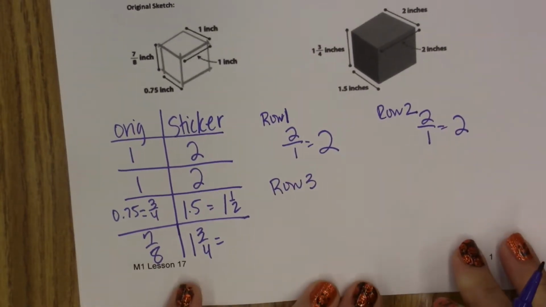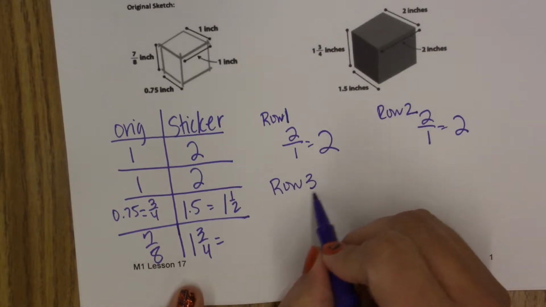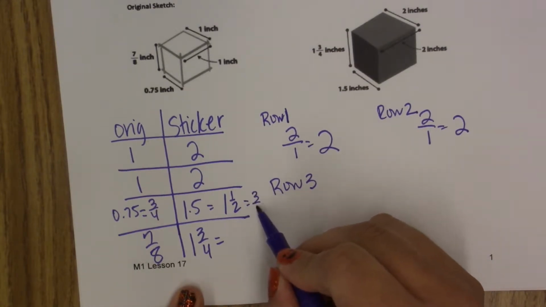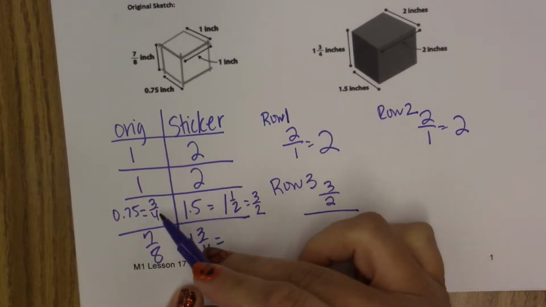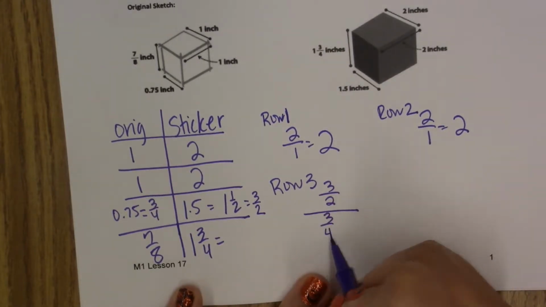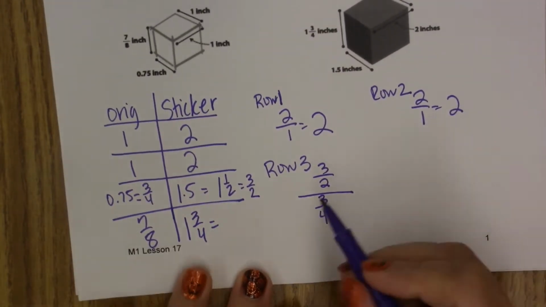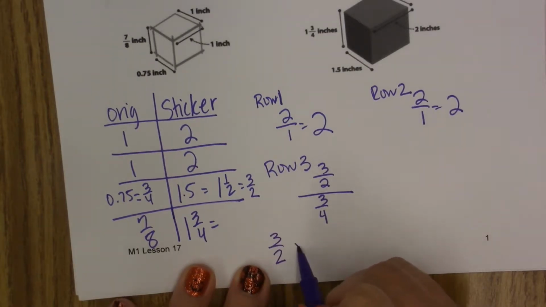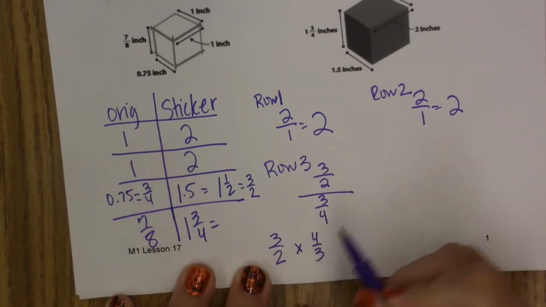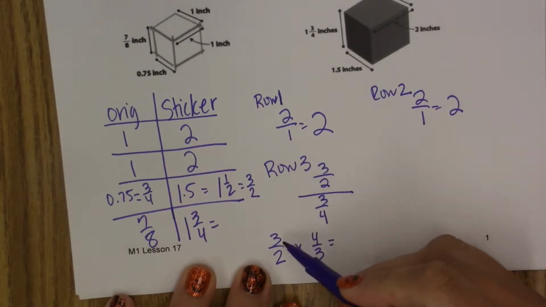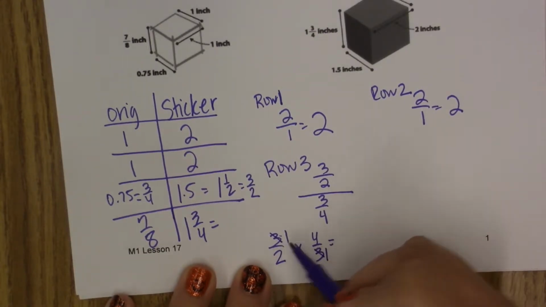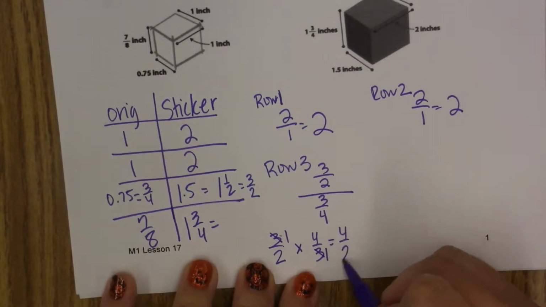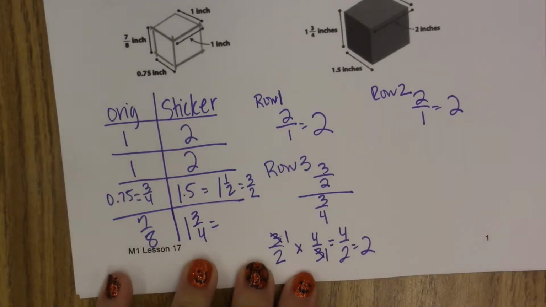Row 3, I have 1.5, or improper fraction 3/2, divided by 3/4. To divide fractions, I keep, change, and flip. I notice I have 3's on these diagonals, so I can divide both of those by 3 and they become 1. So then I have 4/2, which simplifies down to 2.